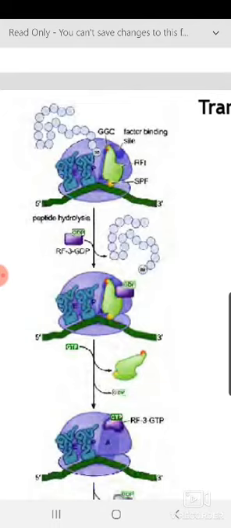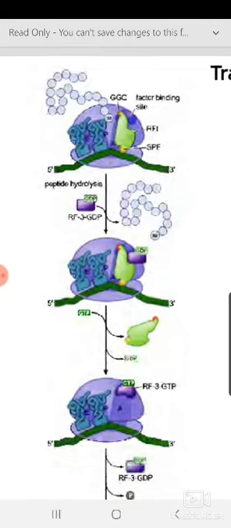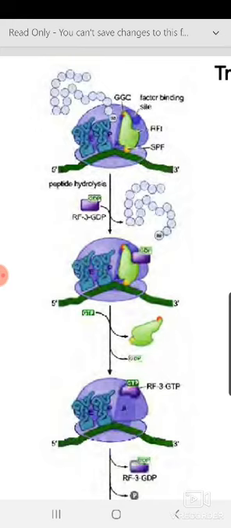Now, second step, the class 2 releasing factor, RF3, comes and binds. Remember, it comes and binds with GDP, not GTP. Binding of GDP-RF3 causes the release of this class 1 release factor.